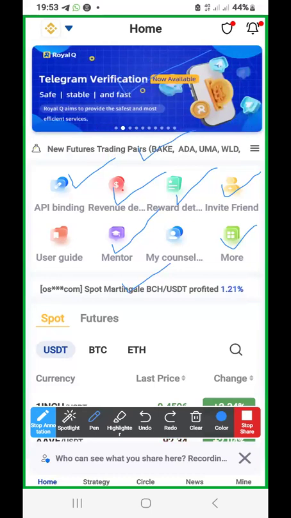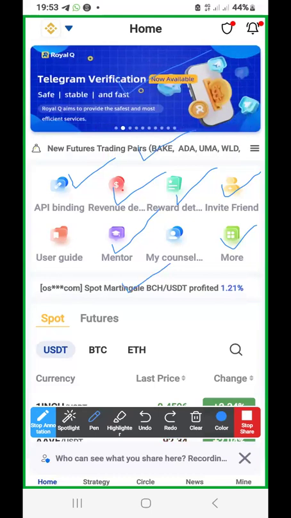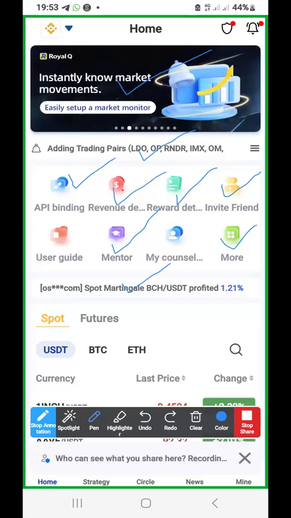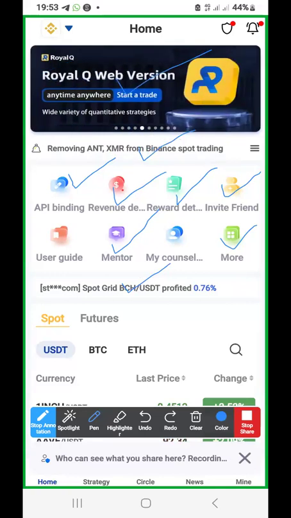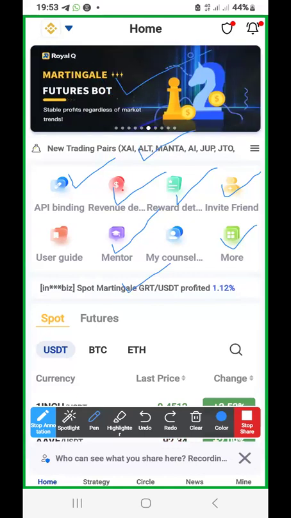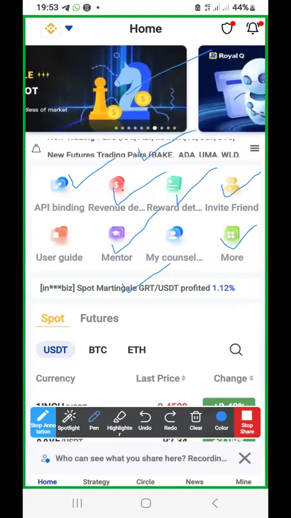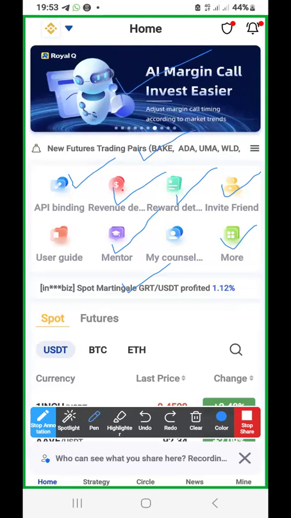And I also gave a hint on why it is very important for you to read them and keep updated with whatever is transpiring within the platform.